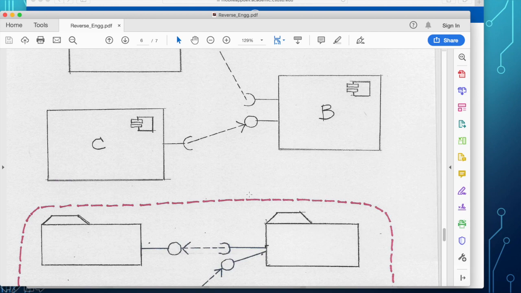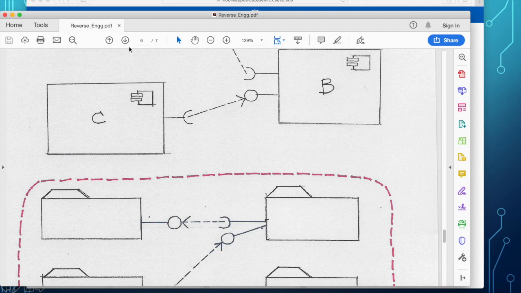Okay, so I need to see that. It's a trace from high-level design to detailed design. For reverse engineering, a trace from low-level design to high-level design.